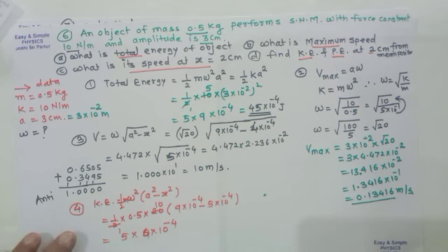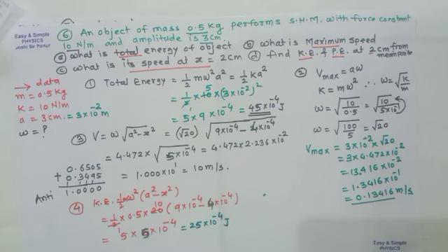Sorry, here 2 is there, so 2 square will be 4 and 5 into 10 raised to minus 4. So it is 25 into 10 raised to minus 4 joule. So kinetic energy is equal to 25 into 10 to the power minus 4 joule.